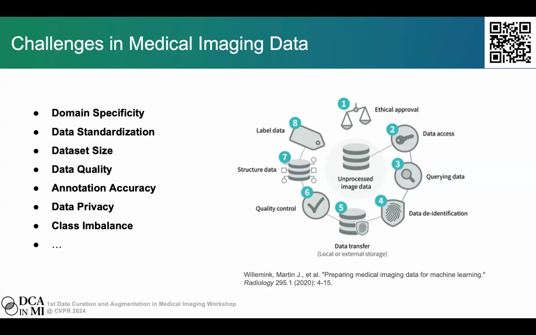But those data don't come very easy. There's a lot of effort poured into curating and making those data accessible to the public. And even with all those efforts, there are still some challenges that remain unsolved. So, for example, medical imaging is always challenged by a problem called domain specificity. Basically, the data comes in from different modalities and different clinical scenarios.